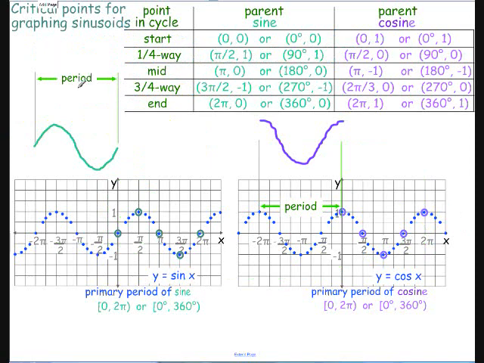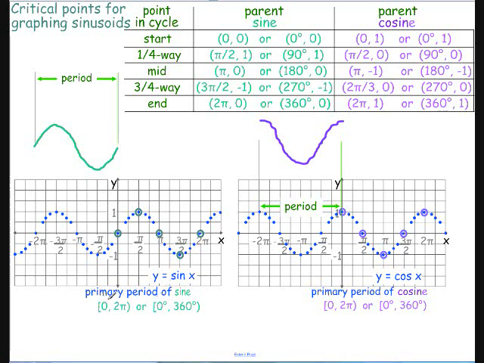Critical points for graphing sinusoids. You are going to be asked to graph without using your calculator. You'll want to use those values that are, what did we call them, sort of the magic 3 and your quadrantals.